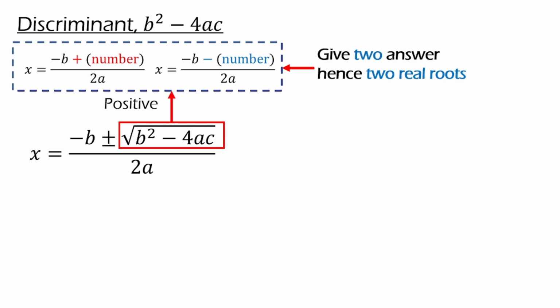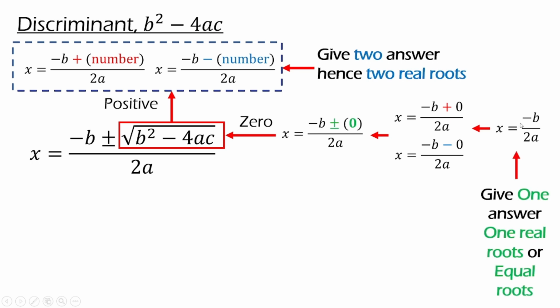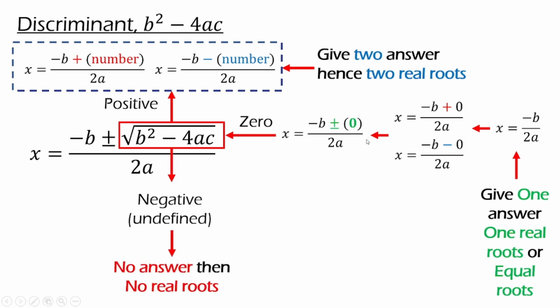If our b squared minus 4ac is equal to 0, you can see that we result in only one answer, which we also call one real root or equal roots. Finally, if our b squared minus 4ac is negative, we cannot continue. We have no answer. That's why we call it no real roots.